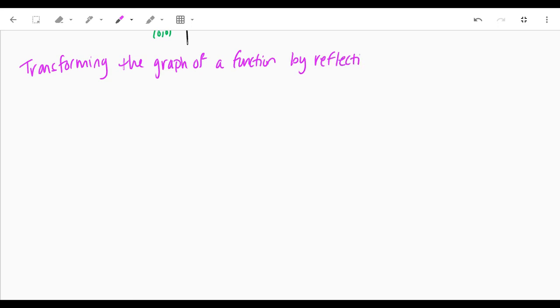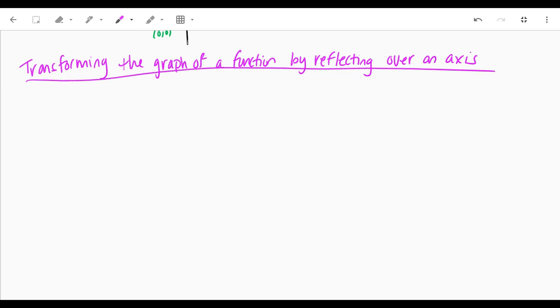We have transforming the graph of a function by reflecting over an axis. Okay, it's either your x-axis or your y-axis.